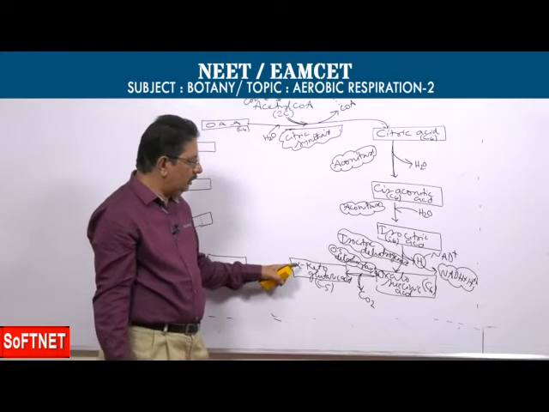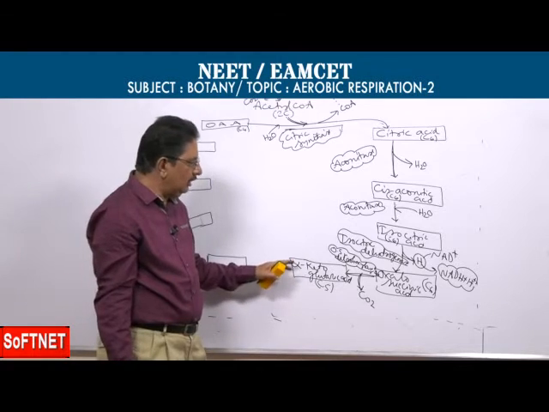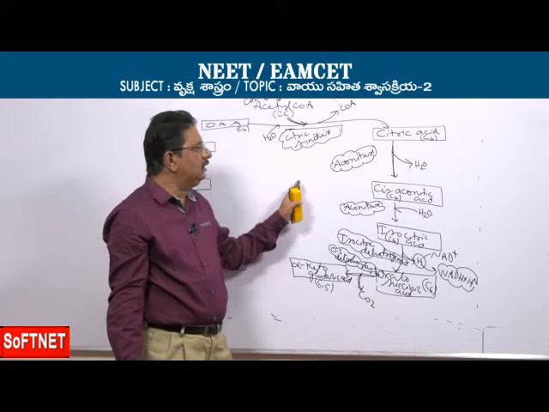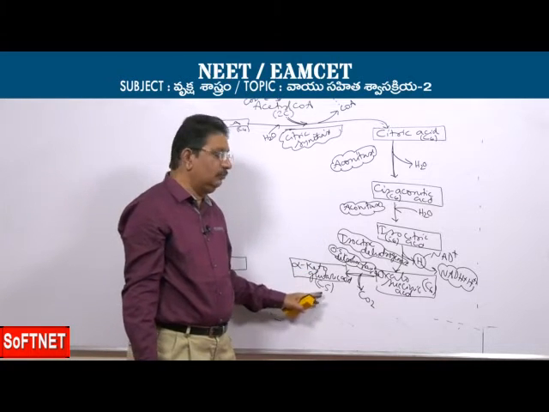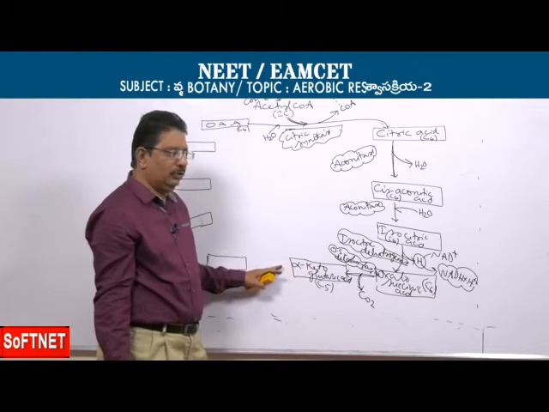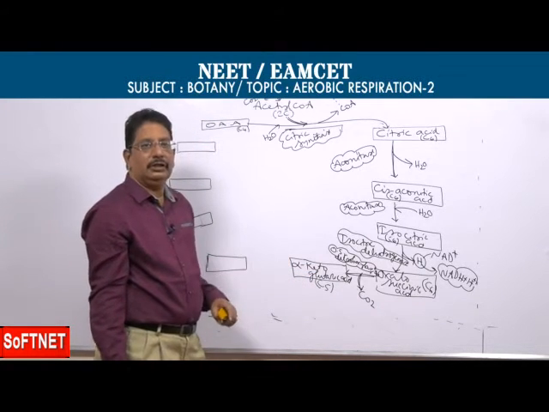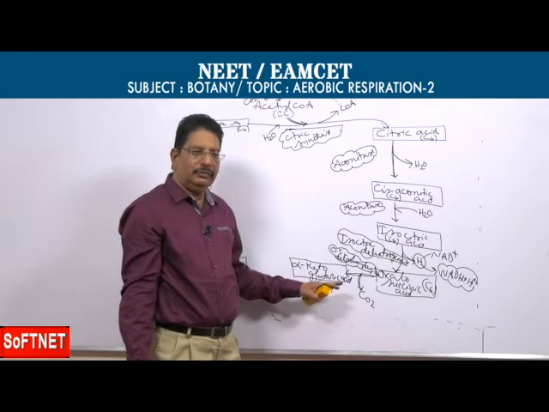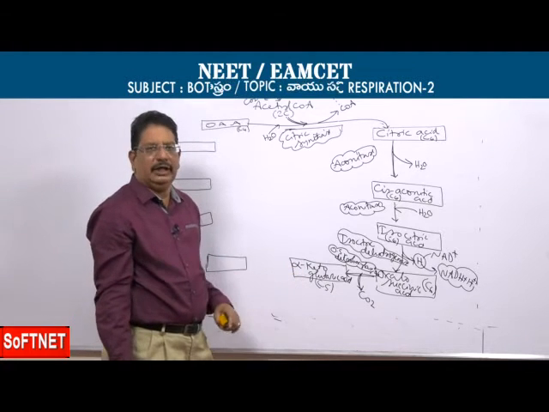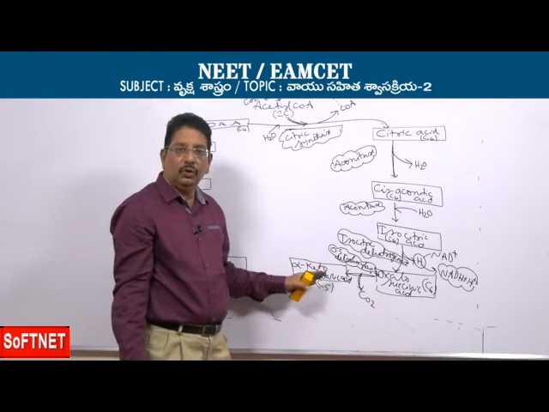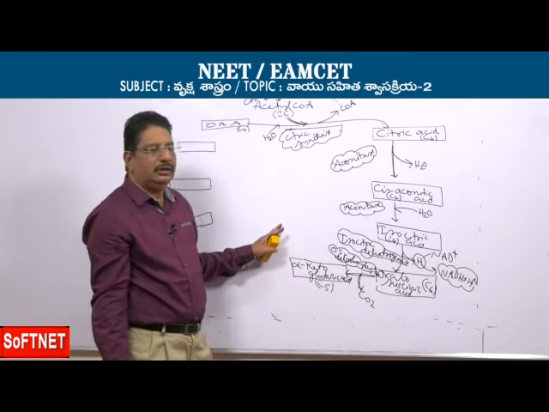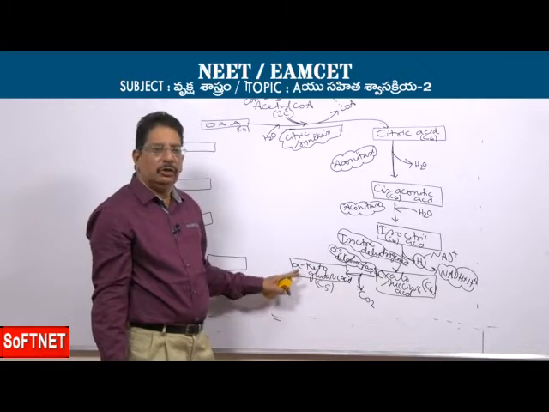So alpha ketoglutaric acid is one of the respiratory intermediates formed during the TCA cycle having 5 carbon atoms. So this is somewhat an important compound that is going to be asked frequently, that is the number of carbon atoms present in alpha ketoglutaric acid. 5. The only 5 carbon compound to be formed in the Krebs cycle is alpha ketoglutaric acid.